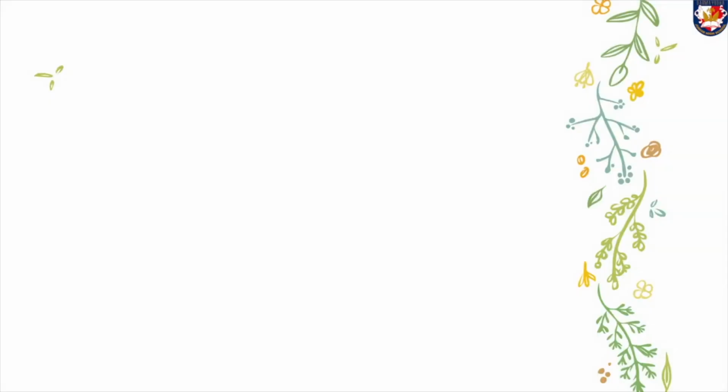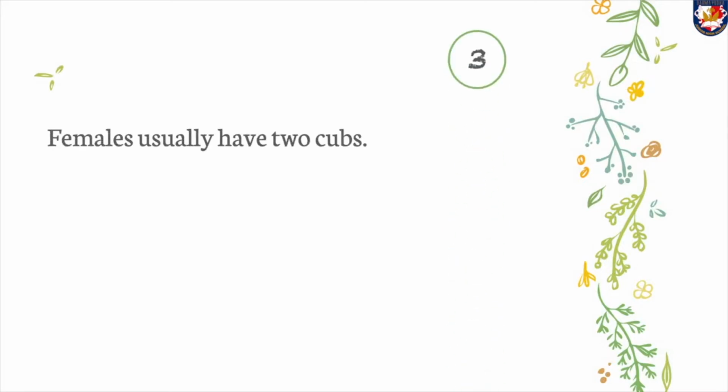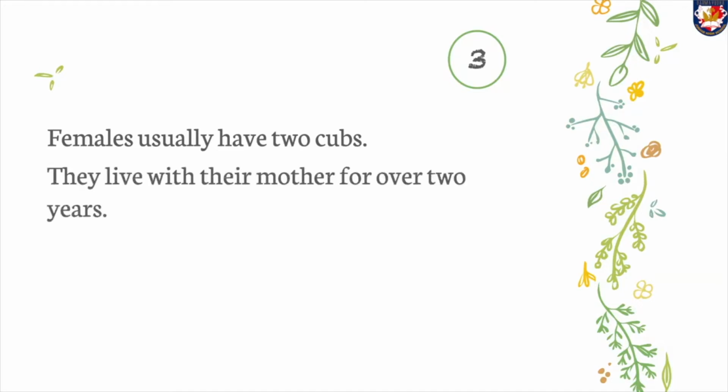Now, let's come to the third example. The first sentence is, females usually have 2 cubs. The second sentence, they live with their mother for over 2 years. It's your turn to combine these two sentences by using which.